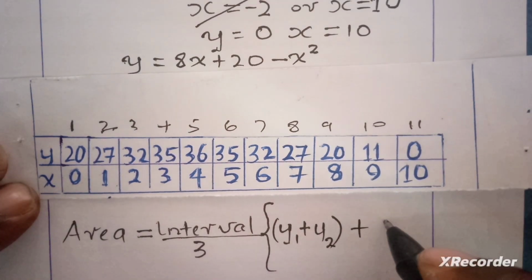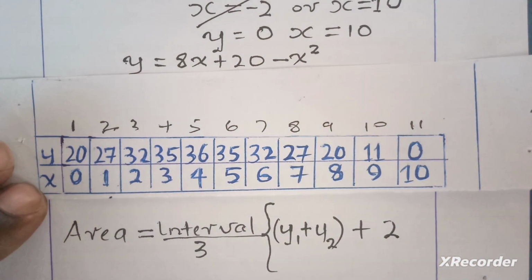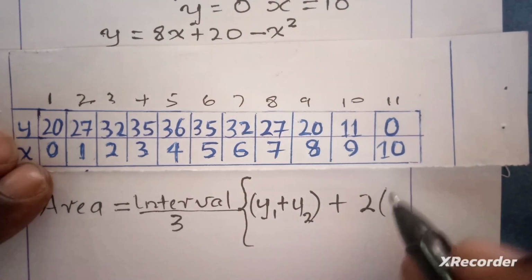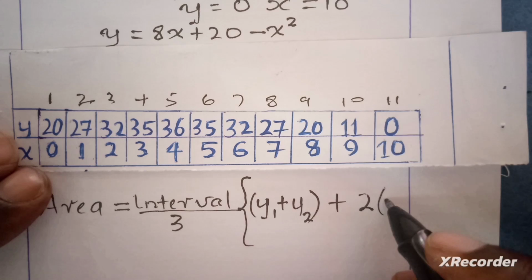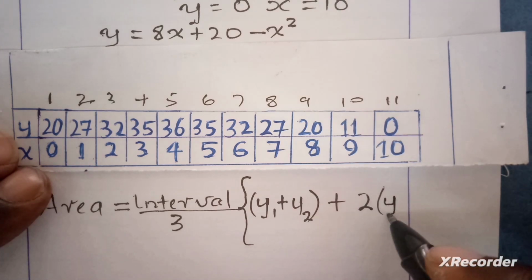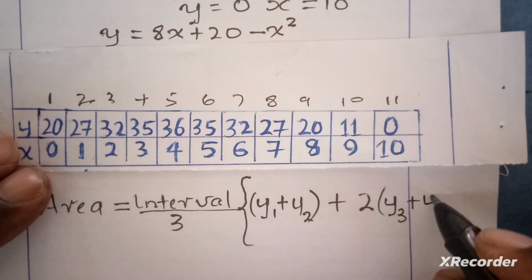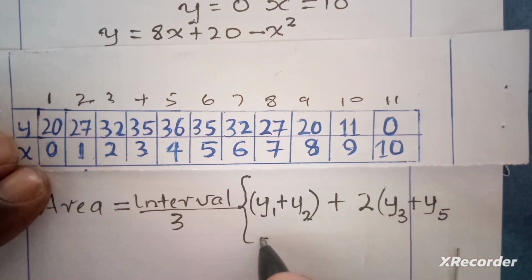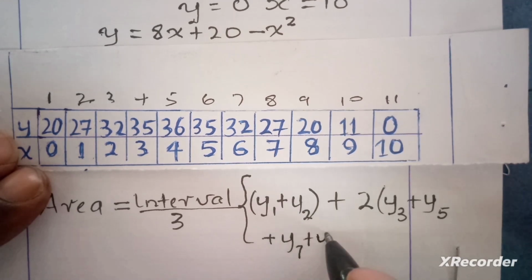plus 2, beginning with the 2 there, then you pick the odd ordinates of y. That will be y3, plus y5, plus y7, plus y9, plus y11.